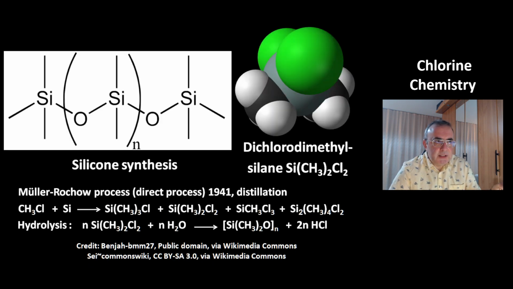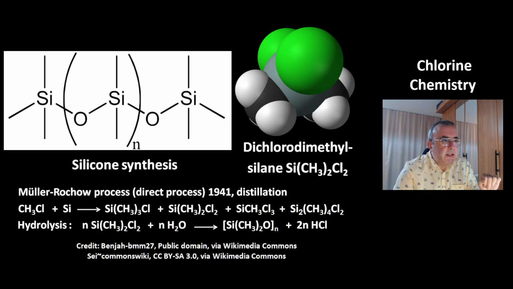And this is how you do it. At the right, that's the intermediate product, dichlorodimethylsilane. And at the left, that's the structure of silicone. This reaction is called the Müller-Rochow process or direct process. It was invented in 1941. First step is the reaction of chloromethane with silicon.